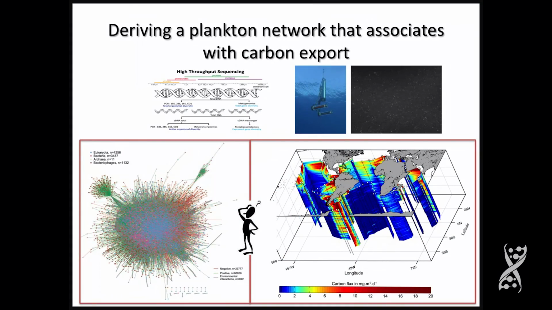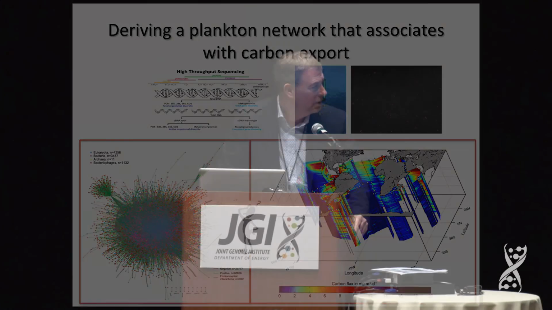And then another example that we did with the data was to bring together the information about the biology coming from the different sequencing approaches we used, together with the interactome studies, to see how these plankton communities relate to important biogeochemical processes such as carbon export.